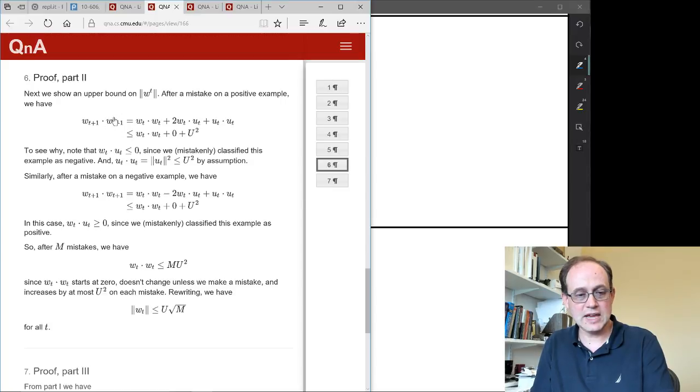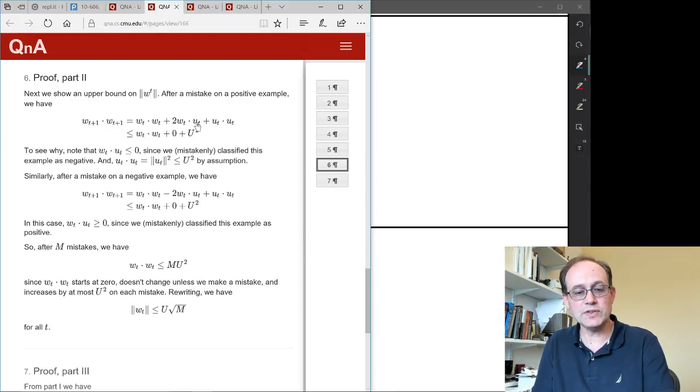In the case of a mistake on a positive example, wt plus 1 is wt plus ut, and so the norm of wt plus 1 squared, the dot product with itself, we just expand the square and get wt.wt plus 2wt.ut plus ut.ut. This is the standard algebraic way of expanding a square.